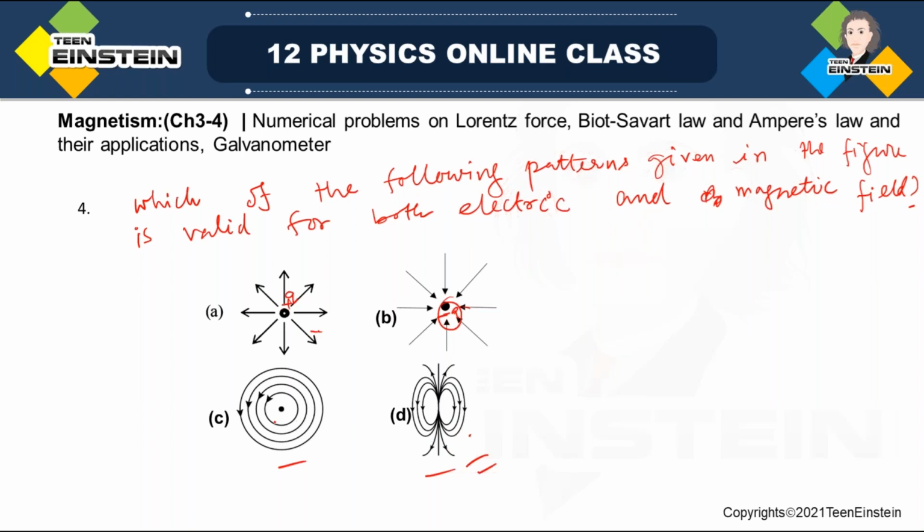What about here? So this is actually concentric circles. This is the only option which is common for both electric and magnetic field. So it is not a spiral, it is a concentric circle. This will be the correct answer for this problem.